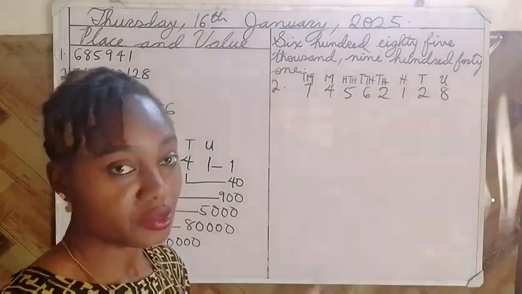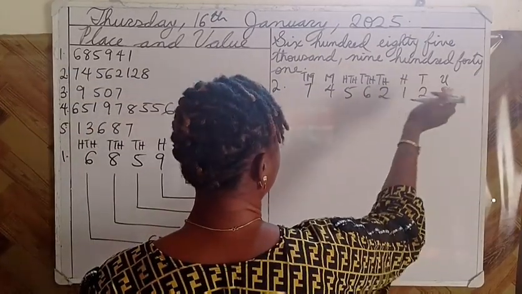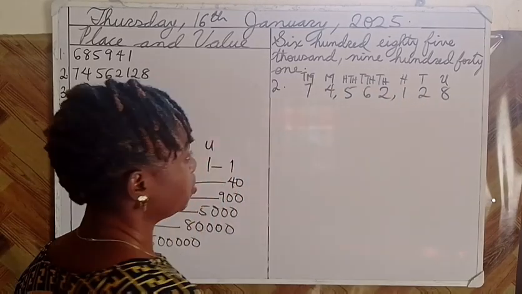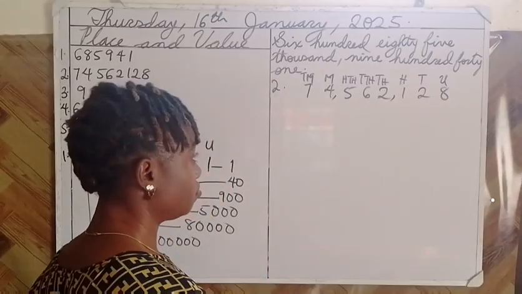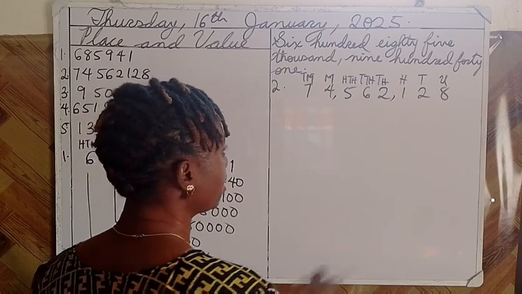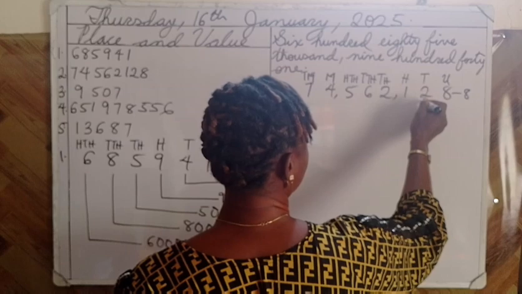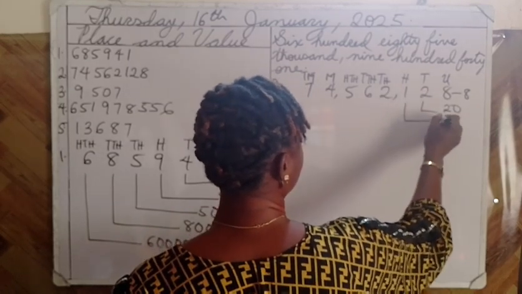Right? So if we are to group this with commas, we'll count 1, 2, 3, put a comma, 1, 2, 3, put a comma. So that tells us what the place of each of these numbers are. So now the value is what? 8 here. Value of 2 is 20. The value of 1 is 100.